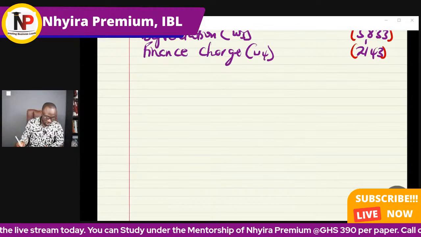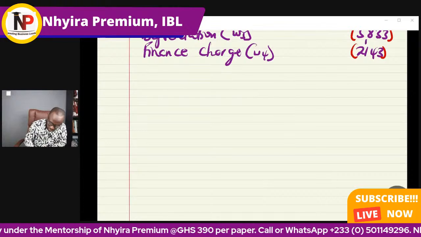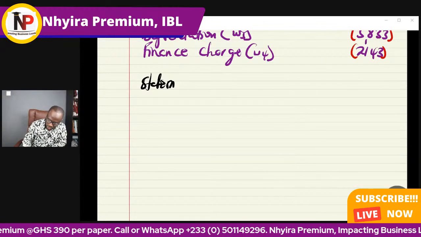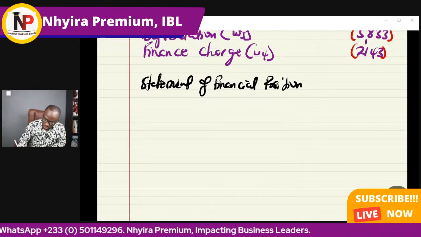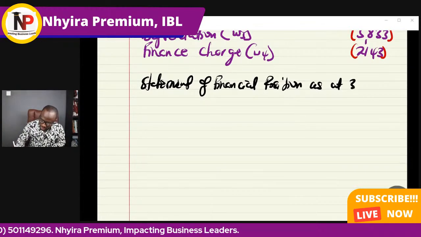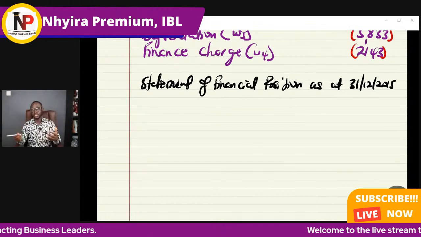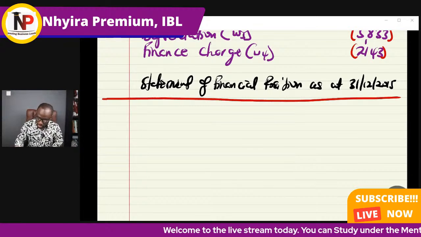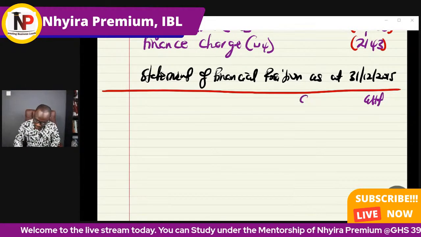Then let's look at the statement of financial position, which is previously known as the balance sheet. So statement of financial position as at 31st December 2015. Remember, this is also an extract. And we can decide to work with two cash column here.